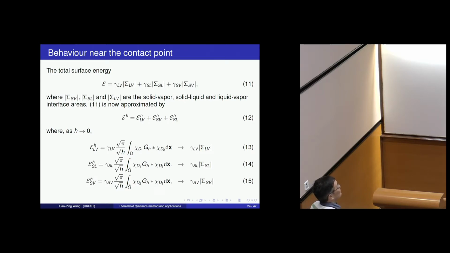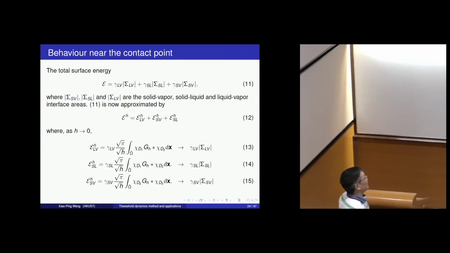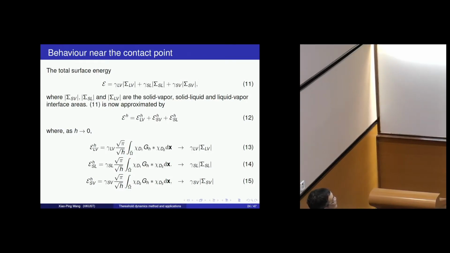As you can see, each term can be approximated by heat kernel convolution, where in this case I use H for the delta t. Each approximation converges to the exact term as H goes to 0, and then you add them up.